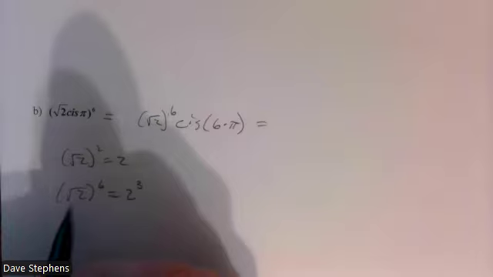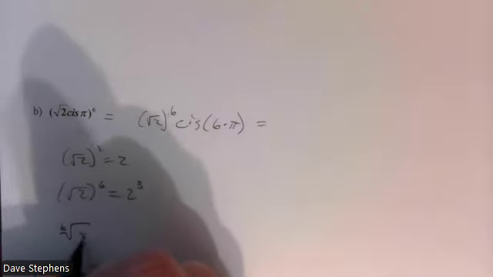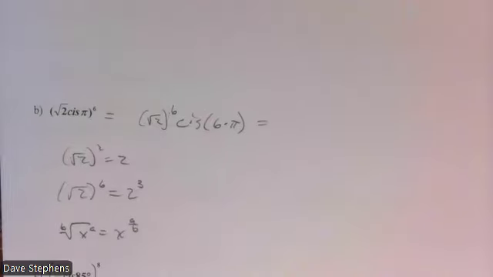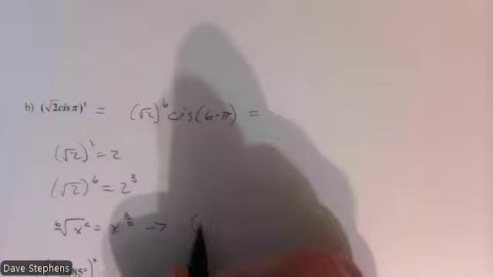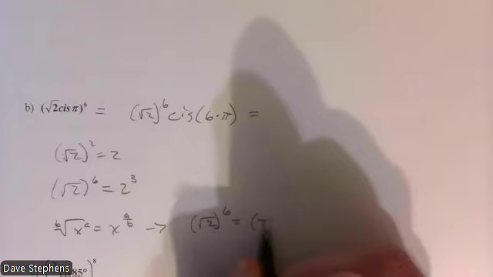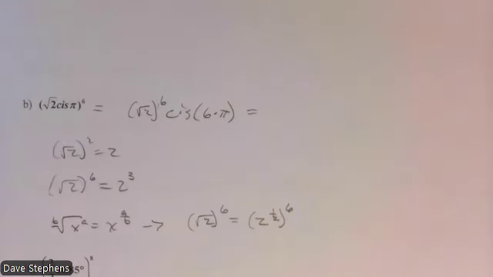You know what I like about that though? Do you remember the bth root of x to the a is x to the a over b? You remember that? That would mean that the square root of 2 to the 6th is 2 raised to the 1/2 power raised to the 6th power.